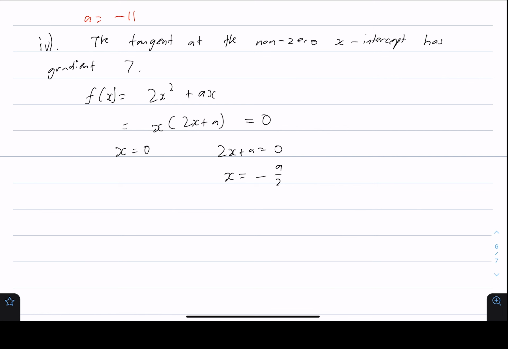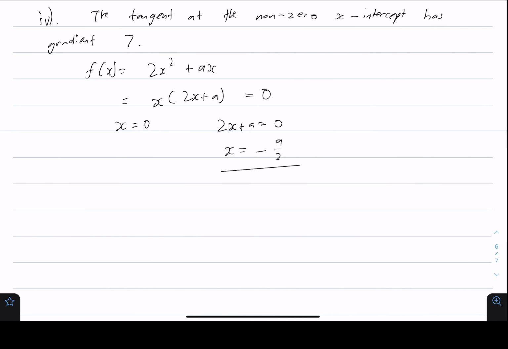So here are our two intercepts, and we're interested in the non-zero x-intercept, so that'll be this one. It's saying the tangent at the non-zero x-intercept has gradient 7. That means f dash of negative a on 2 equals 7, because we're subbing that point into our gradient formula, and that should be equal to 7.